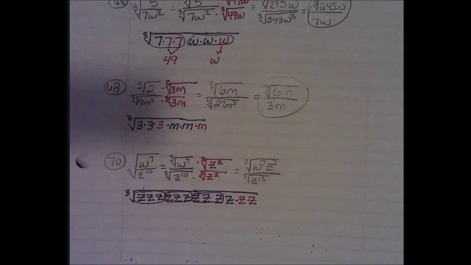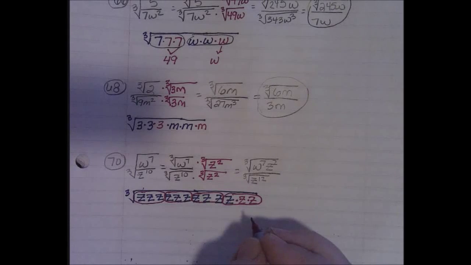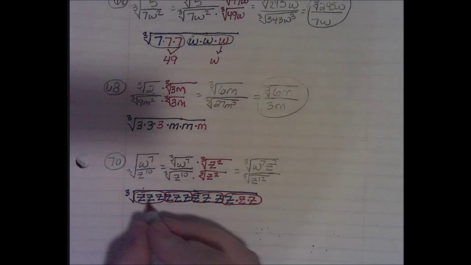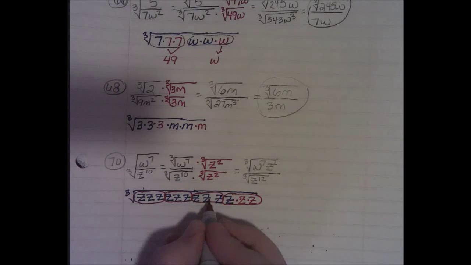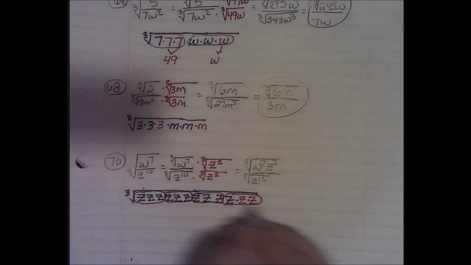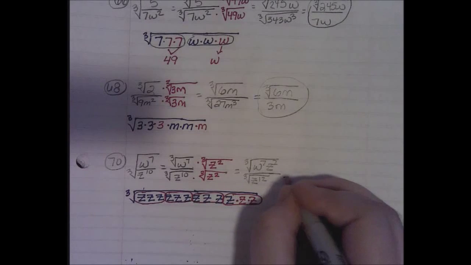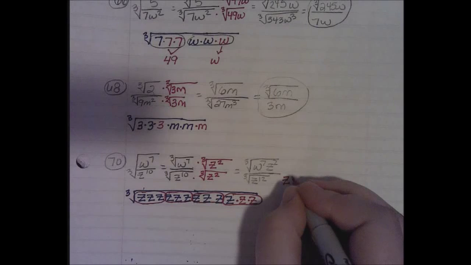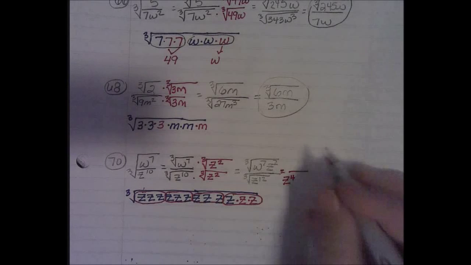Well, I know what this cubed root of z to the 12 is going to give me, because based on this little diagram we just showed, I can take out 1, 2, 3, 4. I apologize if you just heard my cat meow. So I'm going to have 4 z's come out. So that gives me a z to the 4th. And then my w's.